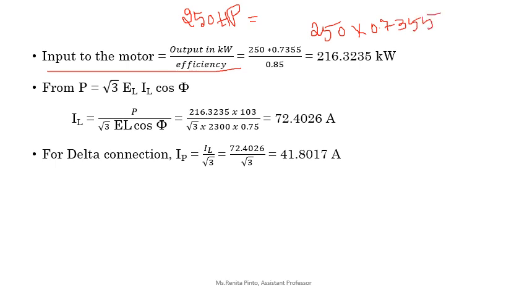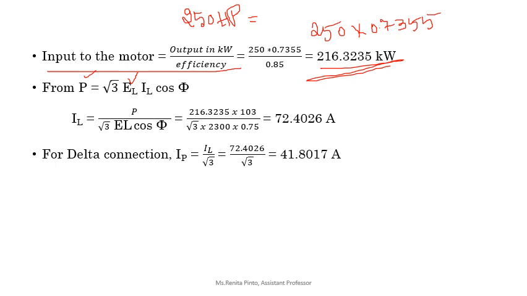Substitute this in output in kilowatts divided by efficiency, and you will get the input in kilowatts. This input is nothing but the power. So power is 216.3235 kilowatts.